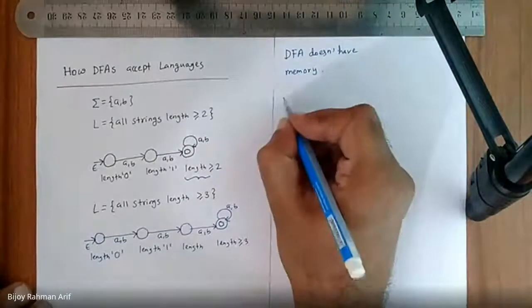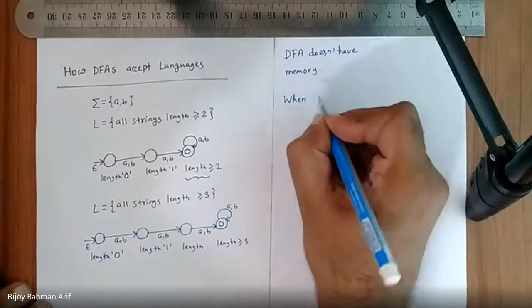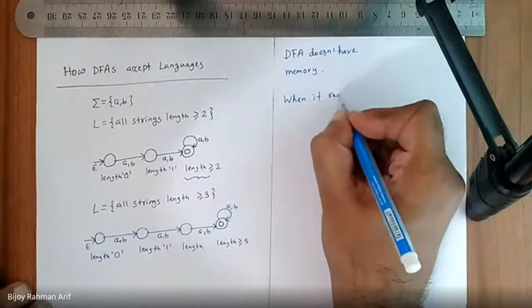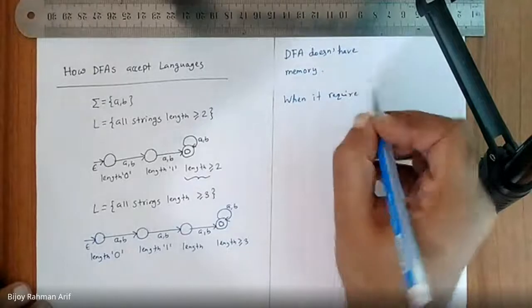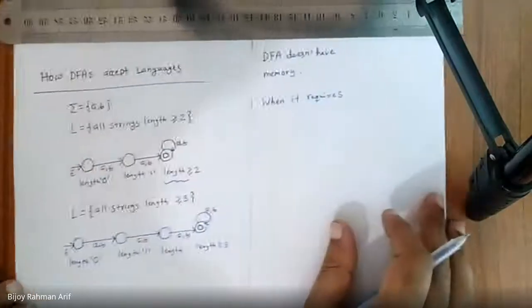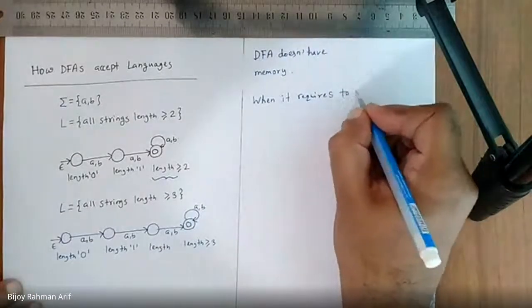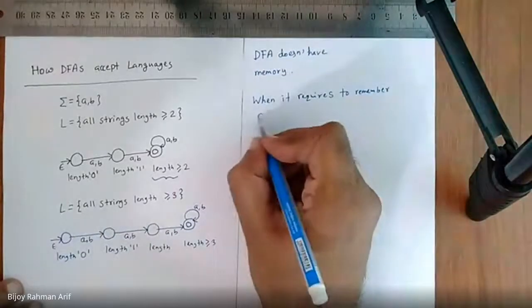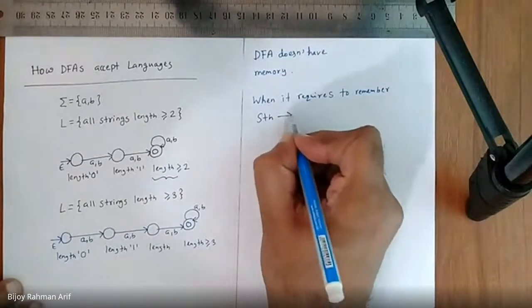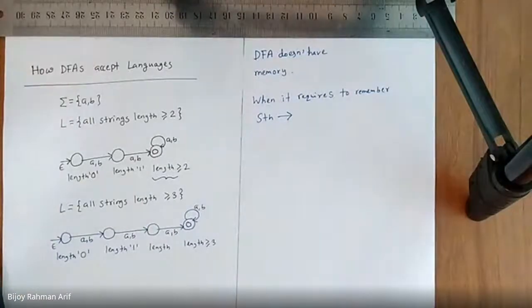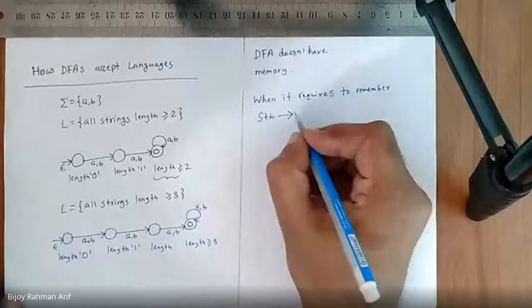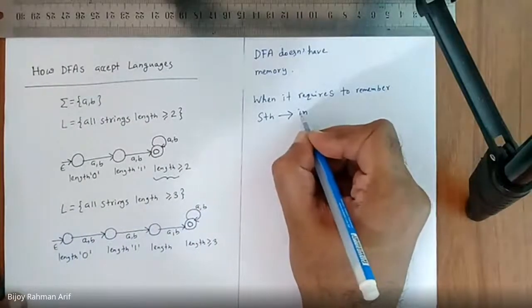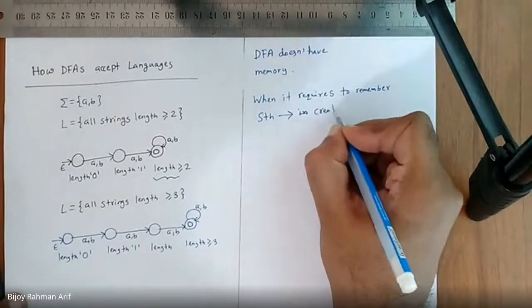Then when it requires to remember something, what is it going to do? Tell me. When it requires to remember something, what is it going to do? It creates states. Increasing states. Good, very good. Increasing the state or creating a new state.